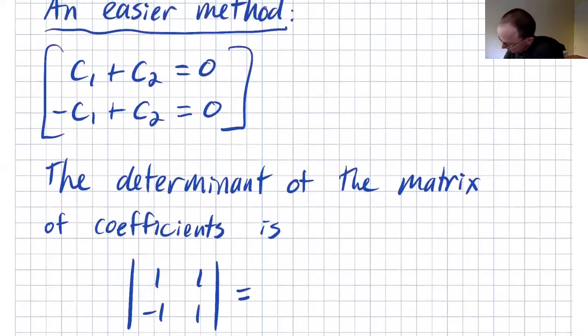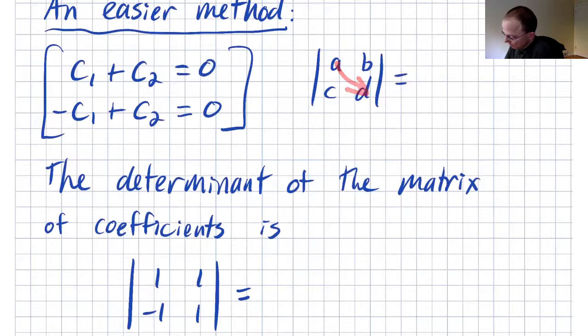And maybe I'll write the general formula up here. So you've probably seen this before. If you have a determinant of the matrix A, B, C, D, then this is going to be A times D minus C times B. Or maybe, I forget which way, anyway, it doesn't matter so much.